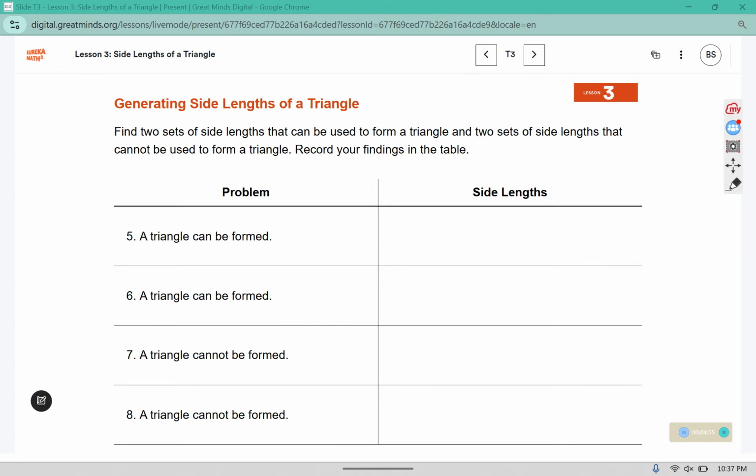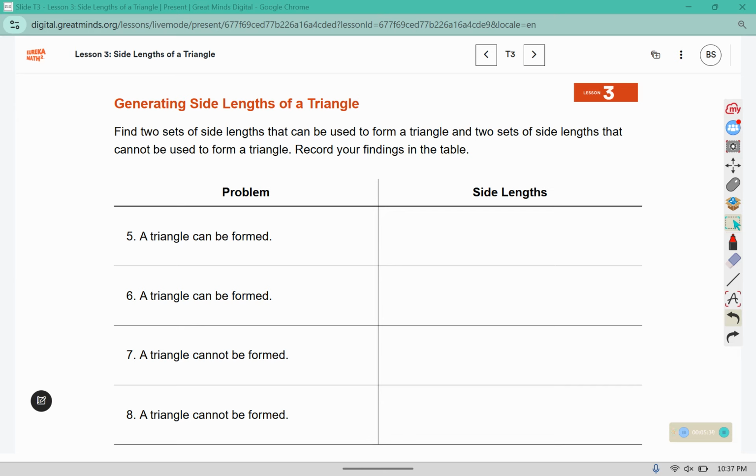Your goal now is to find 2 sets of lengths, so you'll need 3 lengths because a triangle has 3 sides, that can form a triangle. So once you find one group of 3 that form a triangle, you'll need to find a different group of 3 that will form another triangle. And then you will also need to find 2 sets that cannot form a triangle. So you have 3 side lengths listed here and 3 side lengths listed here for ones that do not form triangles.